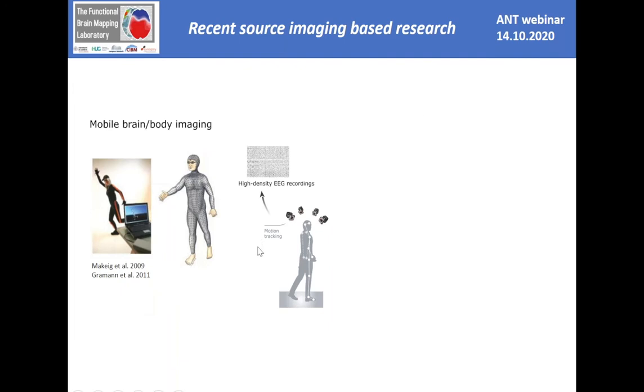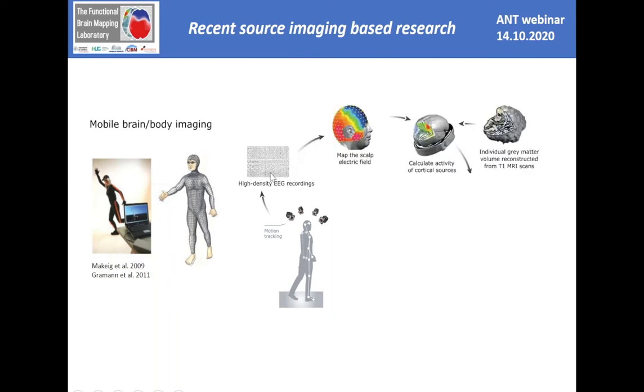So here, usually what we do in mobile brain imaging is tracking the motion of a participant walking freely, or more or less freely, in space while recording high-density EEG. Then I combine these high-density EEG recordings with EEG source imaging. As I described before, we have the mapping. We usually make a head model and a field model. We compute the inverse model of these high-density EEG recordings.